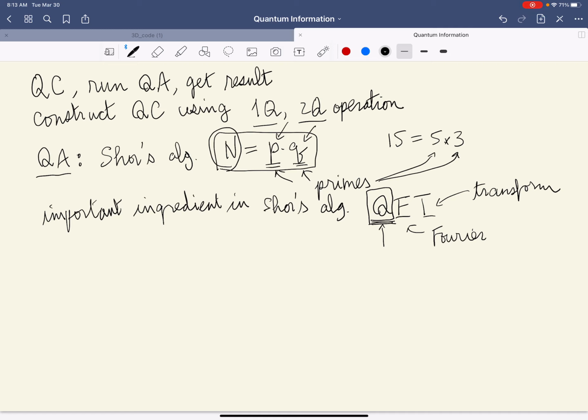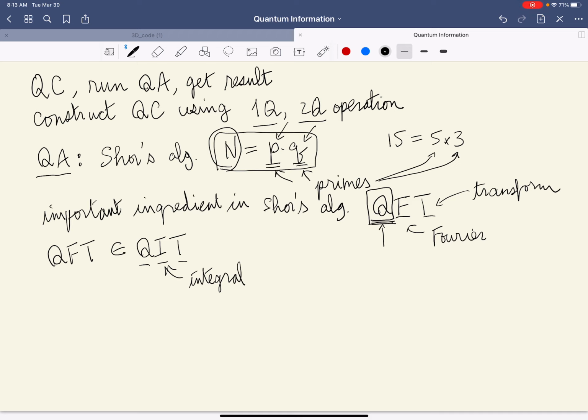But the quantum Fourier transform is actually just an example of a broader class of concepts called the quantum integral transform. Again, when you actually sit down and look at the mathematics of it, there is nothing new.